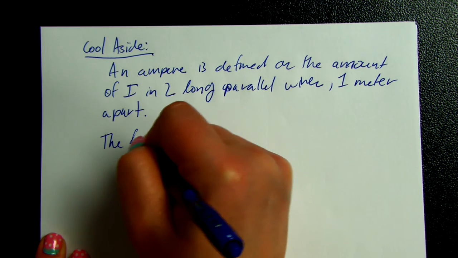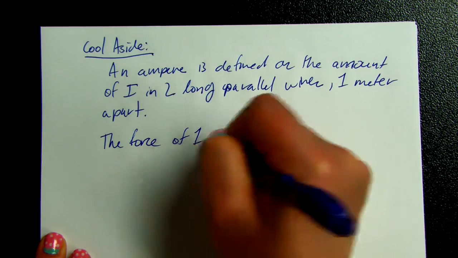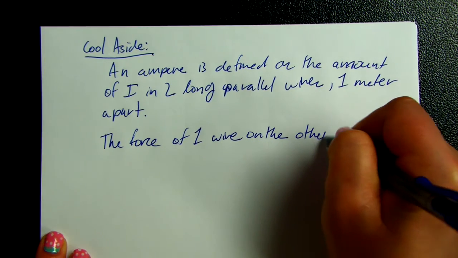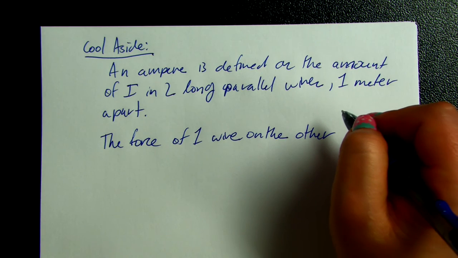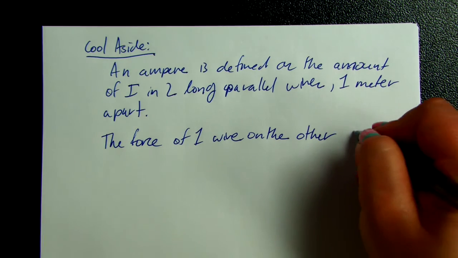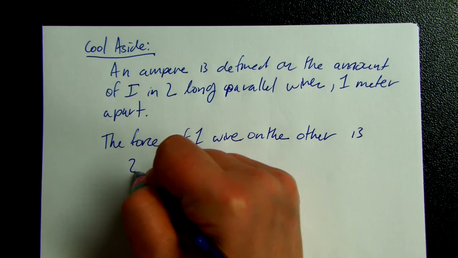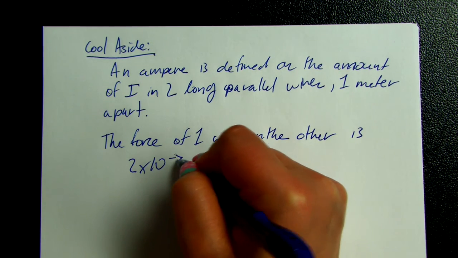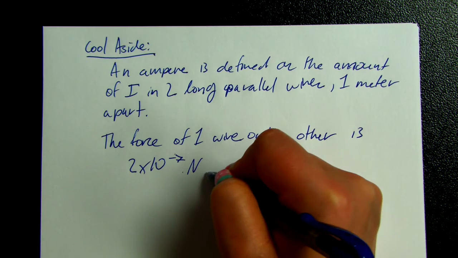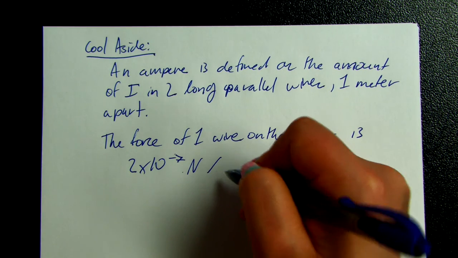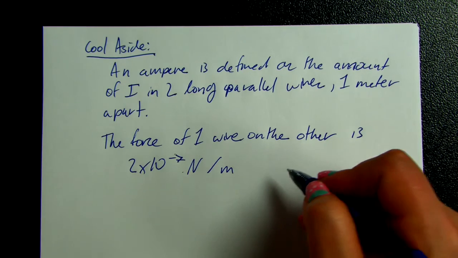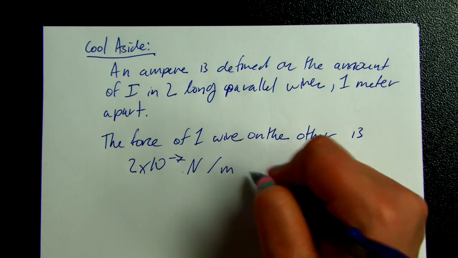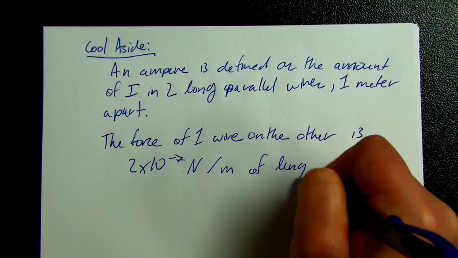The force on one wire from the other is 2 times 10 to the minus 7 newtons per meter of length. So every meter is going to sum that 2 times 10 to the minus 7 newtons per meter of length.